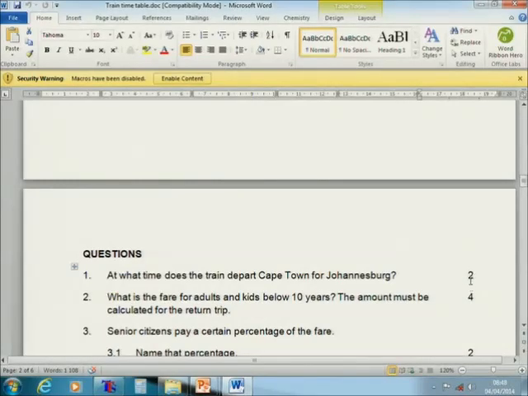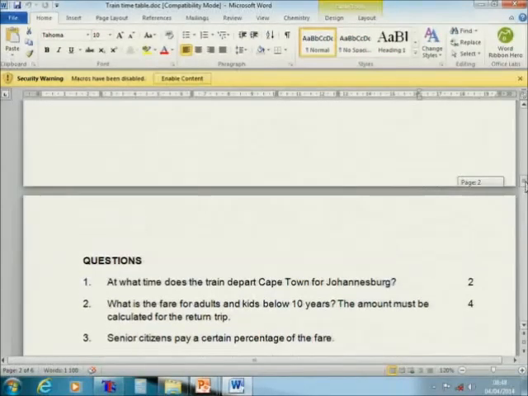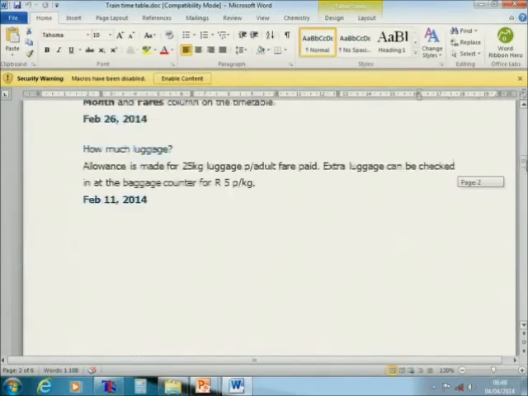You cannot allocate a mark less than 1, because just reading from the table, that is information, that is a skill. Going and looking for something and finding it warrants 2 marks and not 1. What is the fare for adults and kids? Remember, we talked about that.